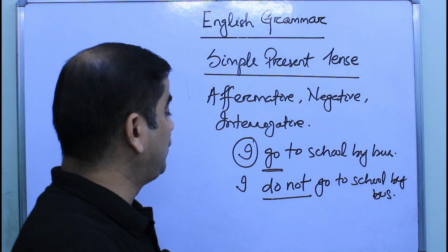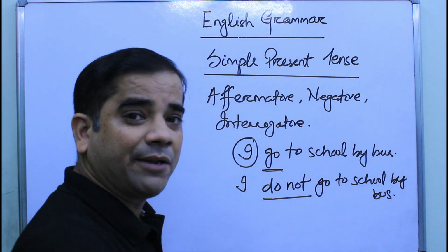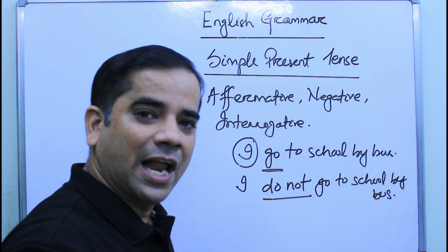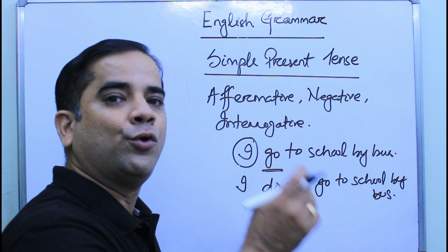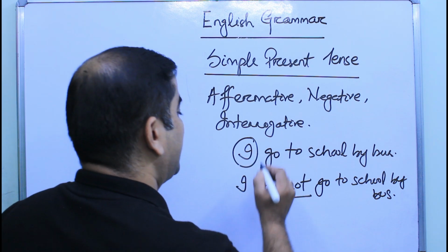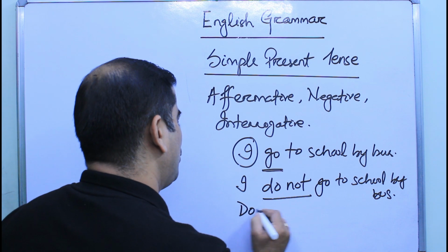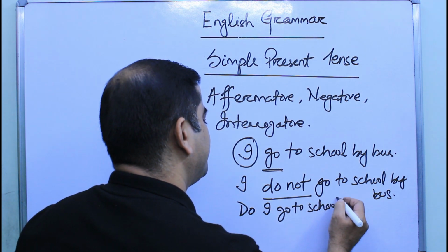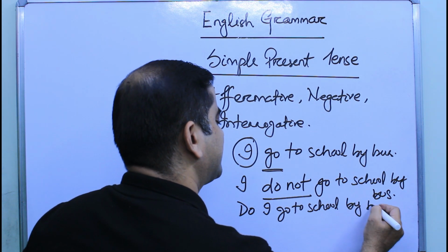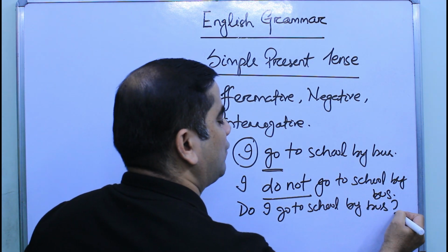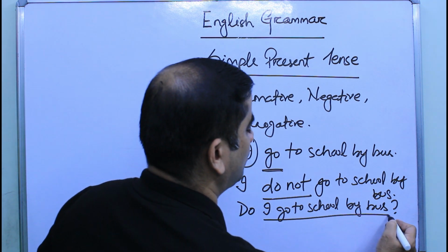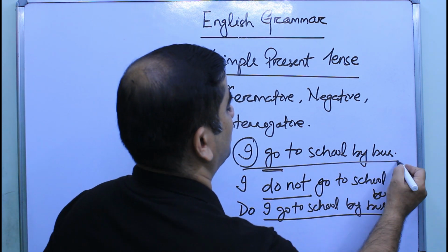What happens when we try to convert it into an interrogative sentence? Just remember, we need to extract the helping verb out of the main verb and put it in front of the sentence. That means in this case the helping verb do: Do I go to school by bus? And at the end we need to put a question mark. See, I go to school by bus, Do I go to school by bus.